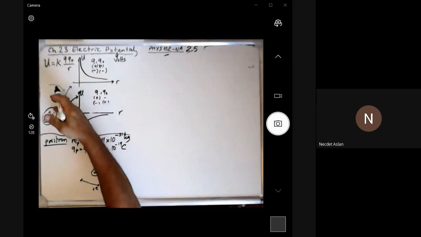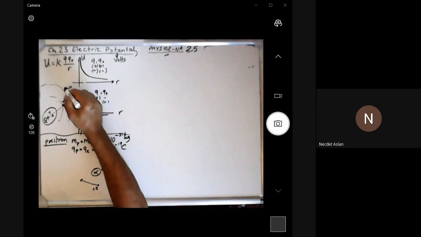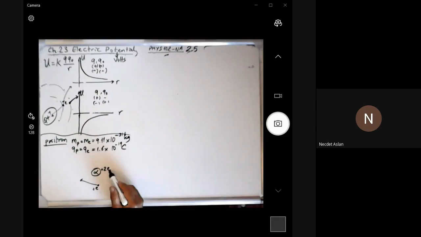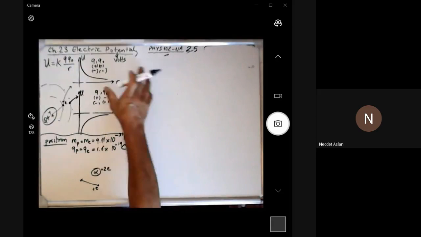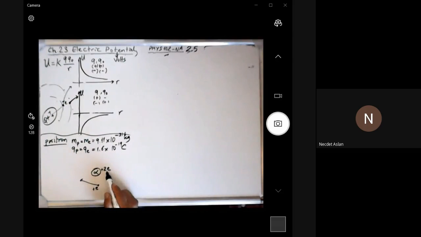If you take 2 electrons away, the total charge of the atom becomes positive, since the 2 electrons are taken off by giving some energy. So the alpha particle is positively charged, and as you see in this case, both of these charges are positive. The alpha particle is positive and also the positron is positive.